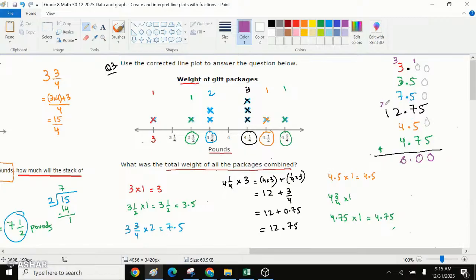We carry the 2 to the tens. 2 plus 1 is 3. So that means the total weight, we need to give our answer. The total weight is 36 pounds for all the parcels.